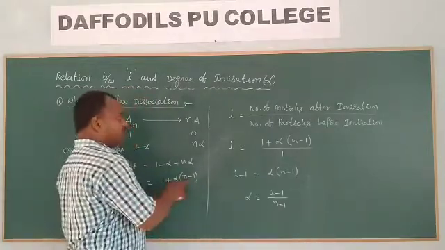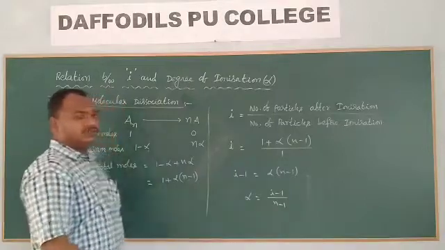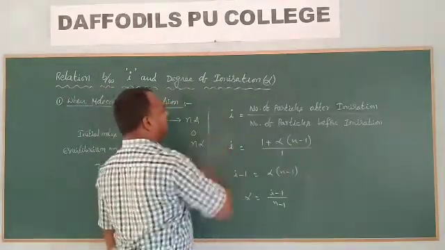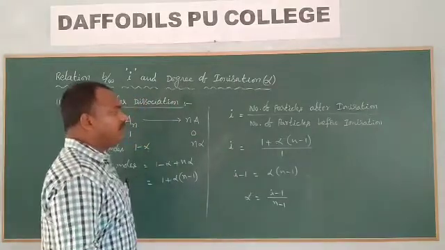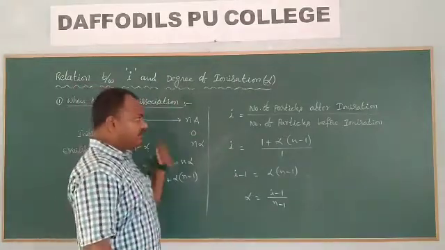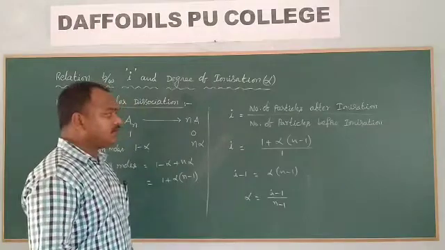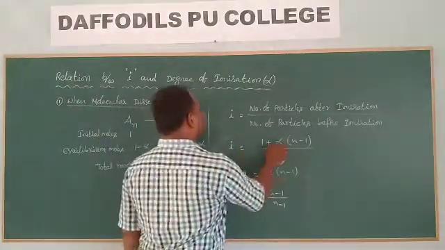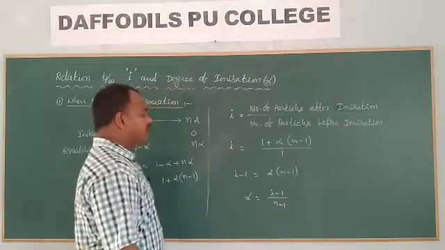Now we have to substitute this into Van't Hoff's factor. i is equal to number of particles after ionization by number of particles before ionization. So i is equal to 1 plus alpha into (n minus 1) by 1.